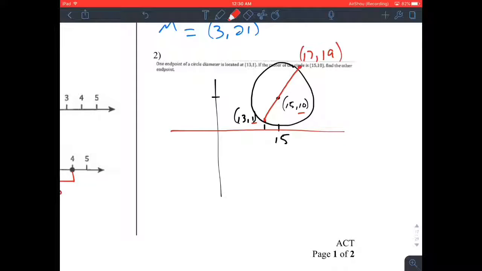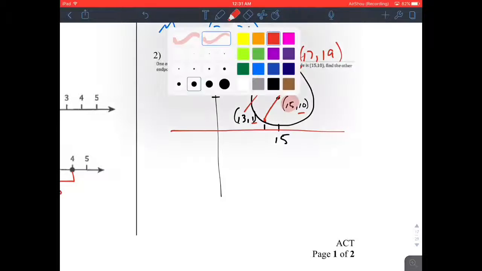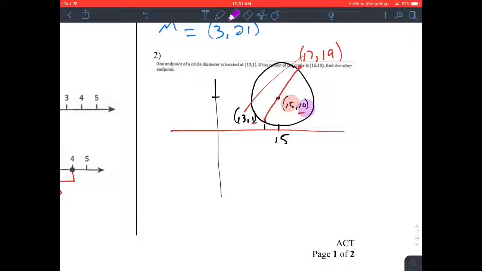Looking at your answer to make sure it's correct, is 15 the middle between 13 and 17? Certainly is. Is 10 halfway between 1 and 19? Certainly is. So we know that our answer is correct, the ordered pair 17, 19.